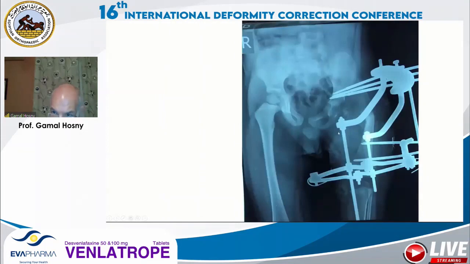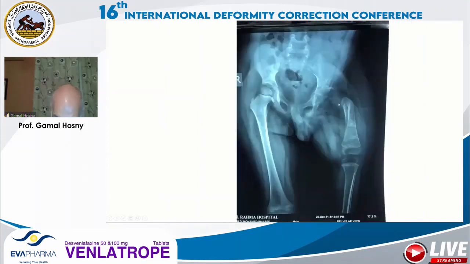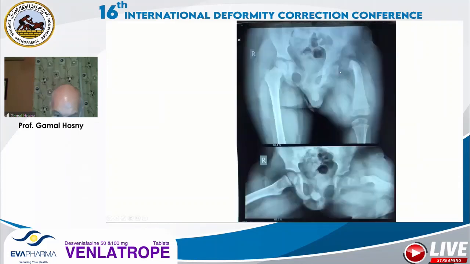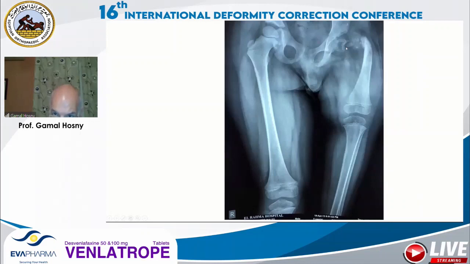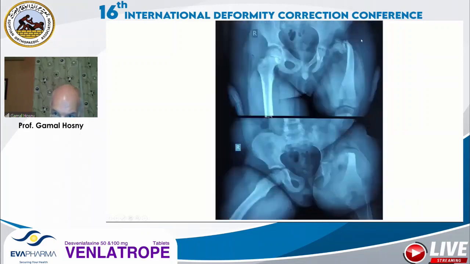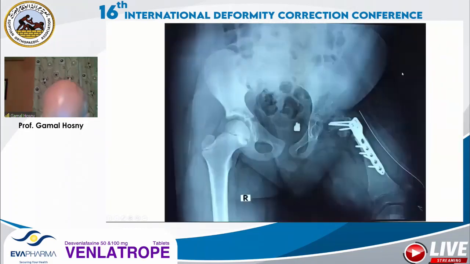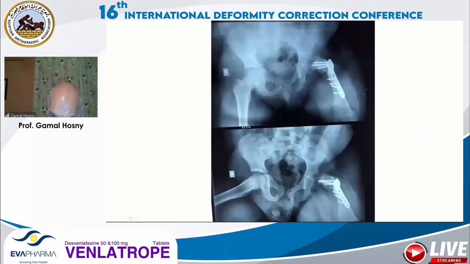With distraction to stimulate the bone formation, you see the bone formation. And the valgus osteotomy. Remember that you have retroversion and you can correct it at the same time as correction of the angle. We usually use the valgus or varus plates. It makes your life easier.